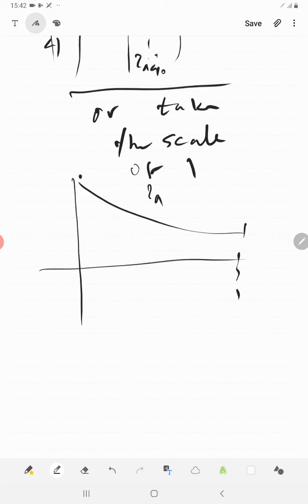Maybe utilize this better. But still, take 40 points, for example, from 0 to 0.025, for example, okay?